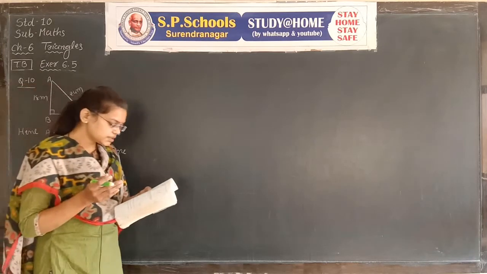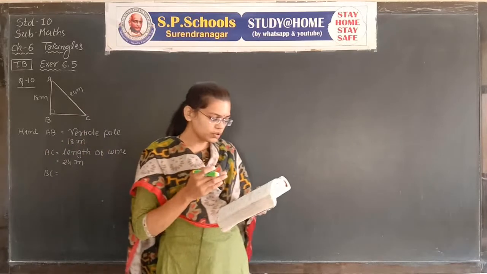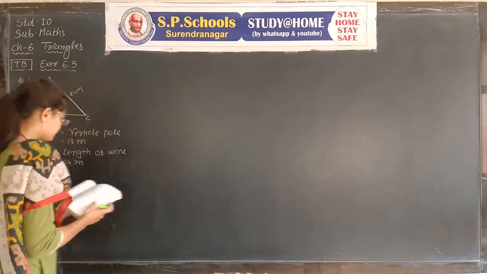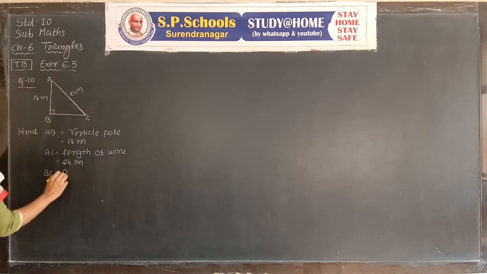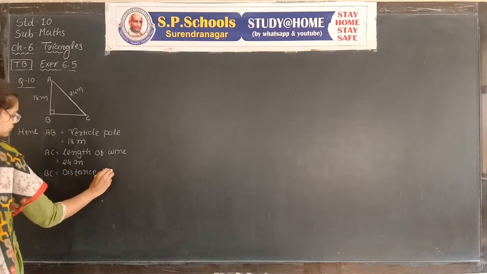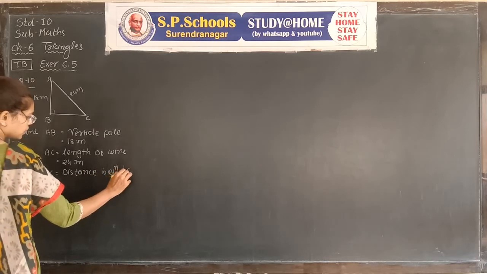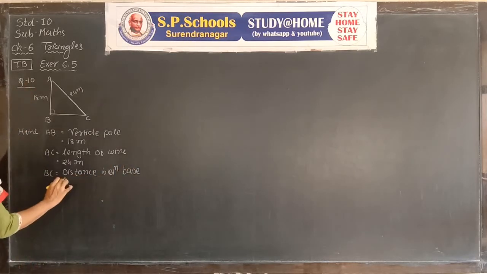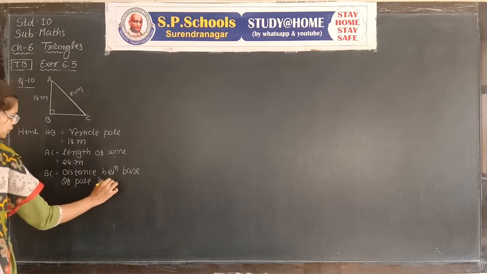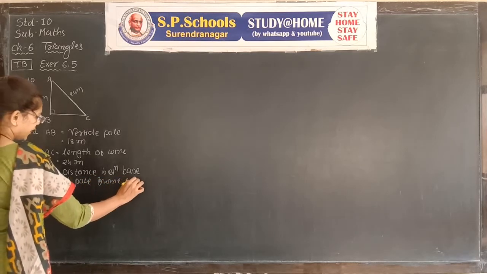BC is the distance between the base of the pole and the end of the wire.